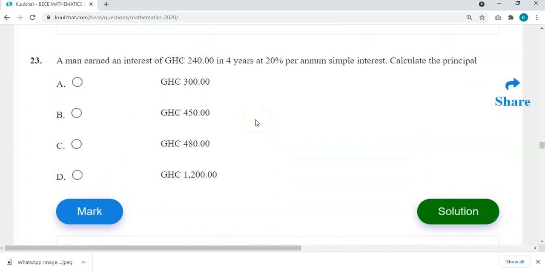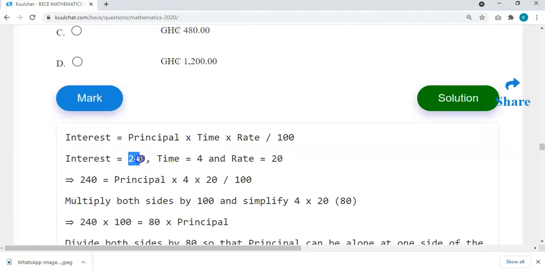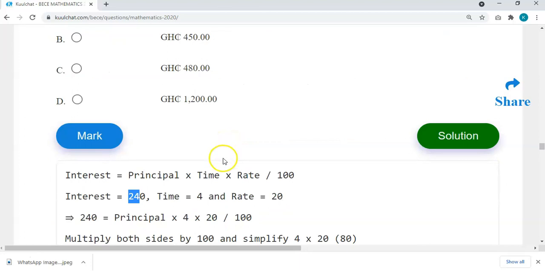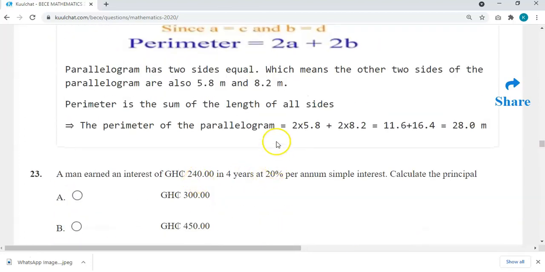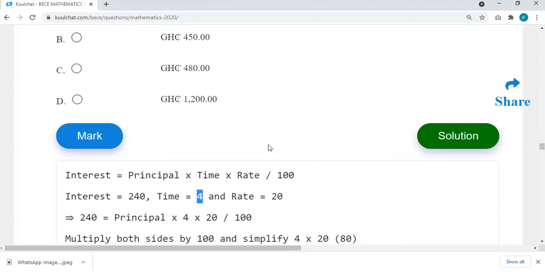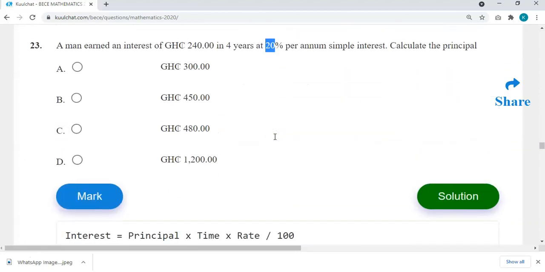Okay, so in the question, what information do we have? We have the interest to be 240, which is here. Then it says in 4 years, and you know it is per annum, so year, so the time is 4, and the rate is 20%.